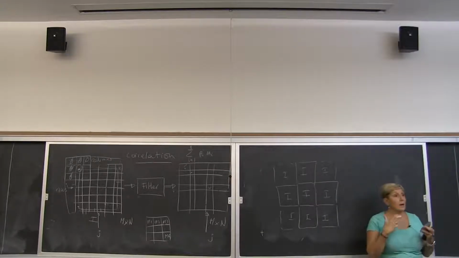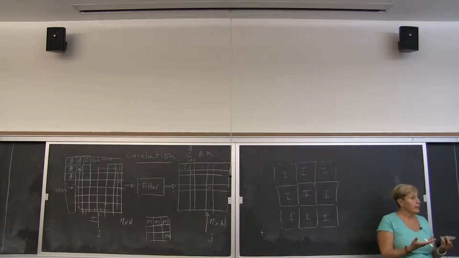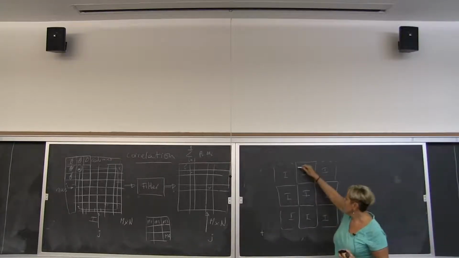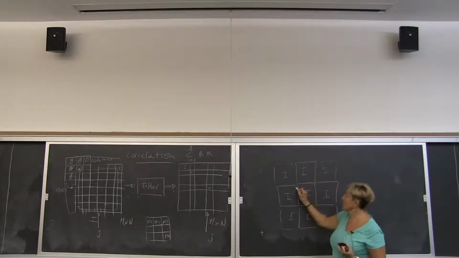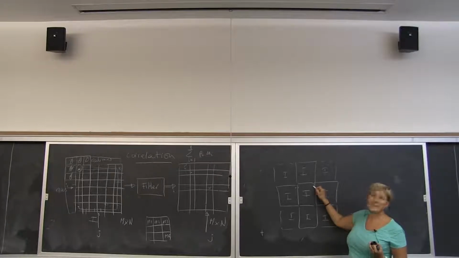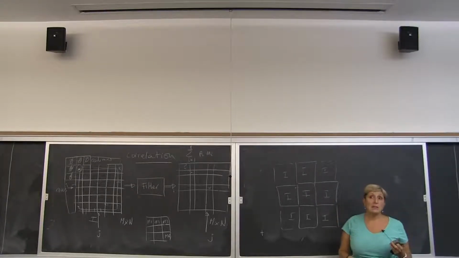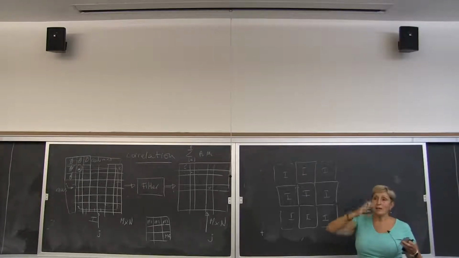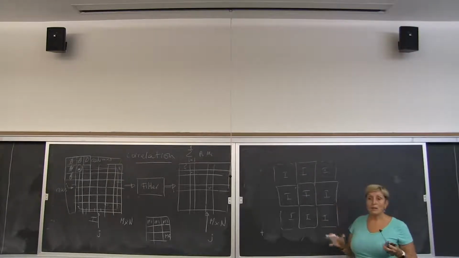Now, if my signal is periodic, then yes, the neighbor of this side is the end of the row, which is this guy here. So, for example, if you have something like a texture, this might make a lot of sense. So that's another option.